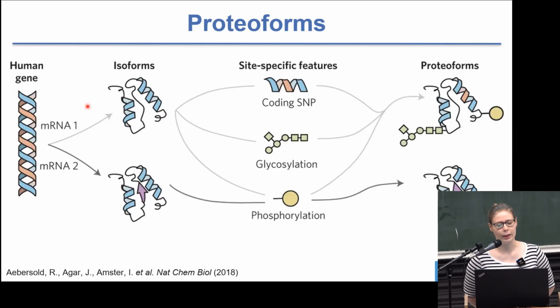This is a way of making 2 protein isoforms from 1 mRNA. The second thing that can happen is site-specific features. So you can have a single nucleotide polymorphism, which of course is encoded on the gene level, and then a multitude of post-translational modifications. These things occur combinatorially, and together they diversify the proteome and make up to 1 million proteoforms.